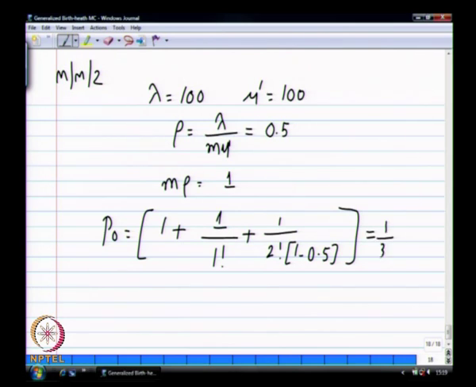So 1 by 3, and this is simply this last term. Last term into P naught is your rho, that is all, you do not have to think of much. The third term into P naught is basically your probability of queuing. So that is also 0.33.